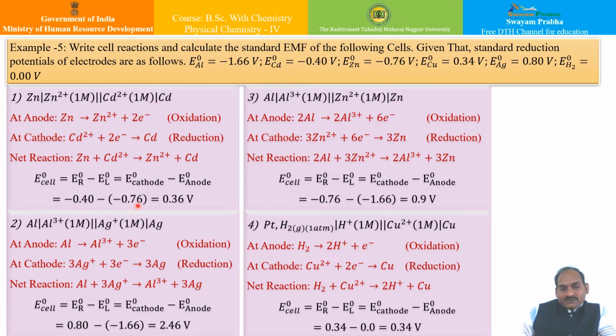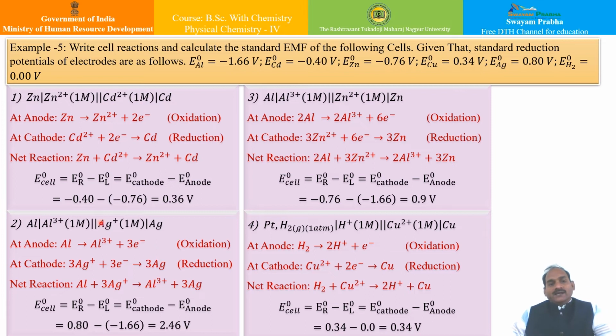If we carry out this calculation, we get 0.36 volt. So for the zinc and cadmium electrode cell, the standard cell potential is 0.36 volt, and the cell can be represented in this fashion.